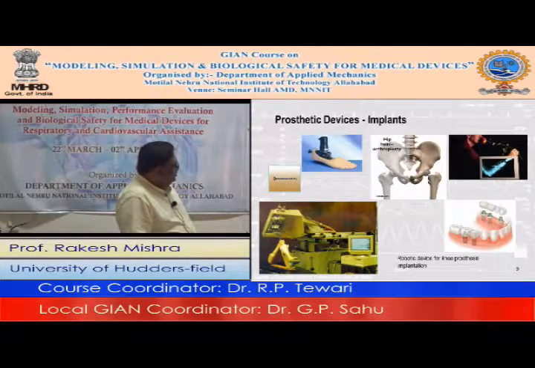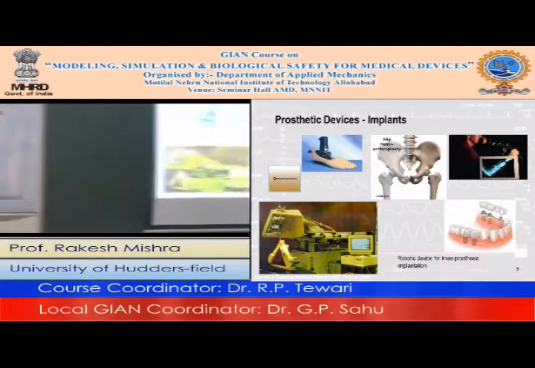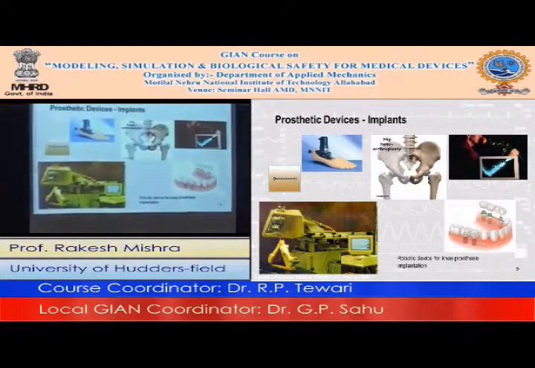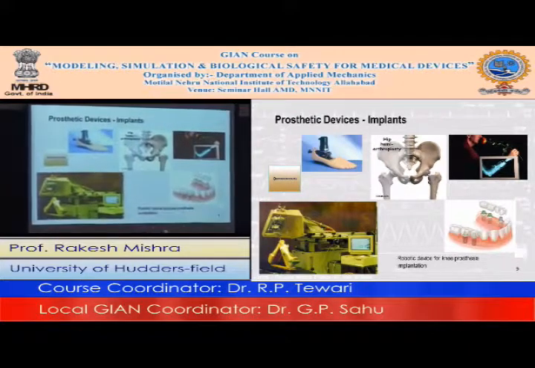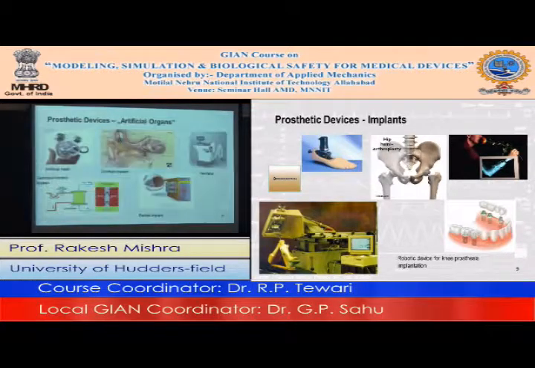This is a robotic device for knee prosthesis implementation. They are quite diverse, but all these are examples of medical devices. So implant or device, I will name it as the same thing.